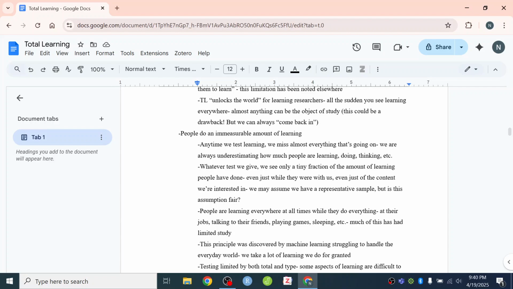This principle that there's a lot of learning that happens that we take for granted was discovered by machine learning as it emerged and continues to emerge, really struggling to handle just the everyday world. There was a time when people thought it would be very easy for a computer to understand what a key was and to recognize a key, only to discover that it actually takes a lot of computing power for a computer to understand what a key is and to recognize a key, and then more computing power to explain what it does and put it into the key lock and so on.